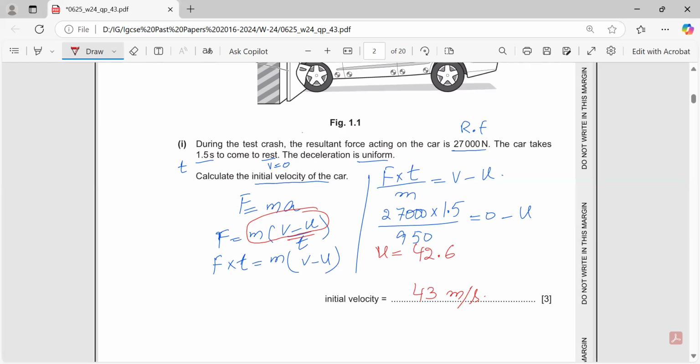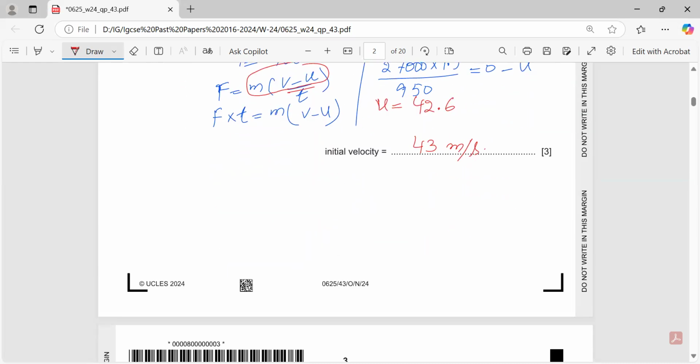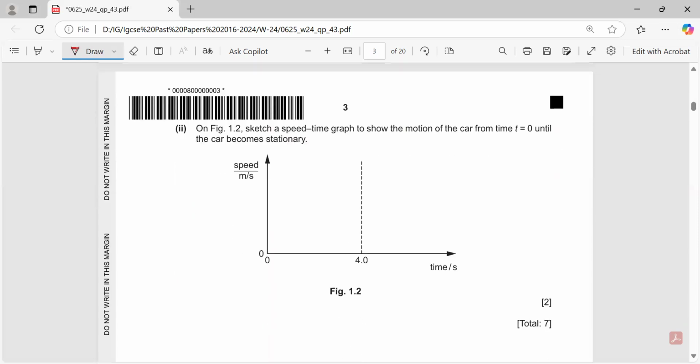Okay, let's move forward to the next part. On figure 1.2, sketch the speed time graph to show the motion of the car from time t equal to 0 until the car becomes stationary.